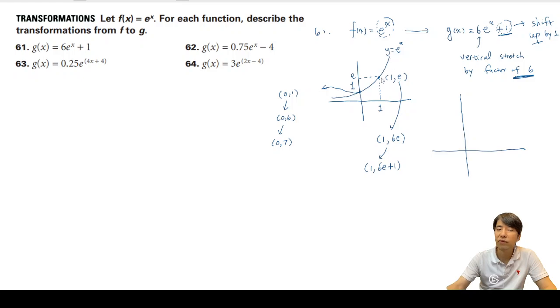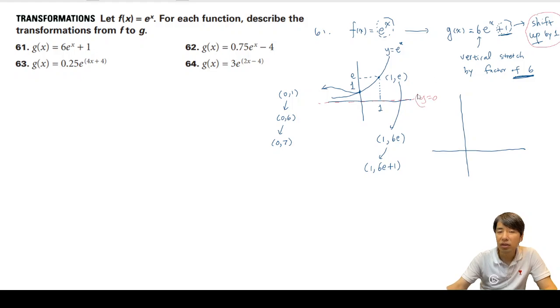Exponential growth function, but it's vertically stretched and shifted 1 upward. In this case, one more thing that you have to notice is that there was a what? Horizontal asymptote here, which is y is equal to 0, but it does not change when you stretch it by what? Factor of 6, but it also gets shifted when you shift it up by 1.